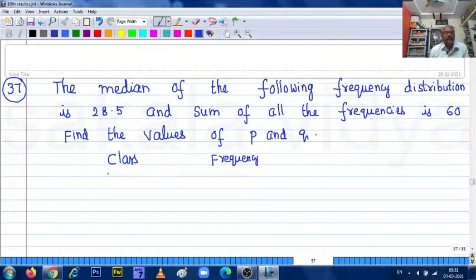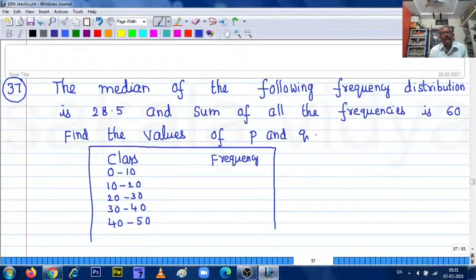So that is 0 to 10, 10 to 20, 20 to 30, 30 to 40, 40 to 50. This is the table given.